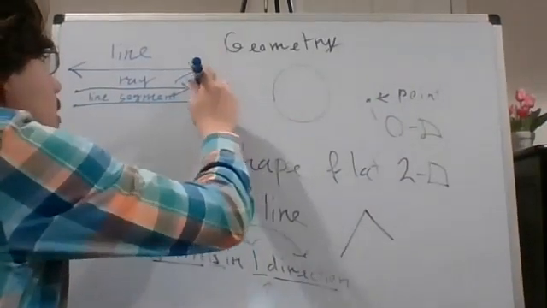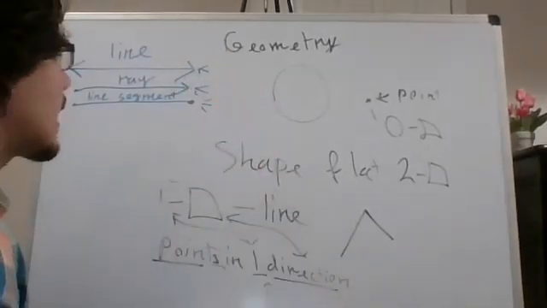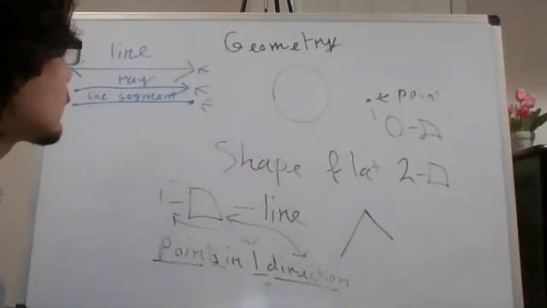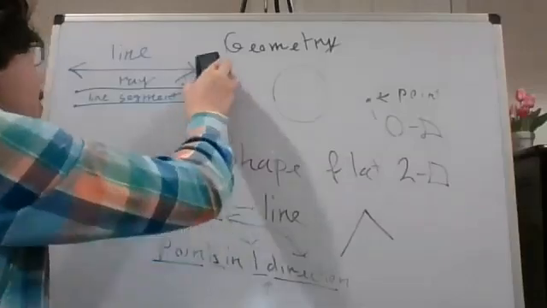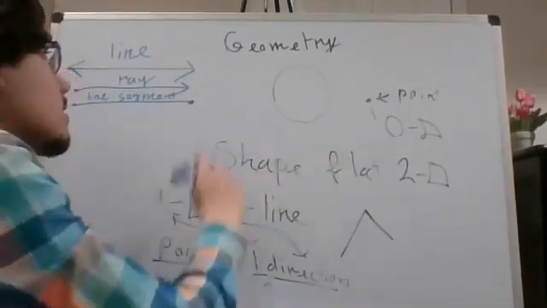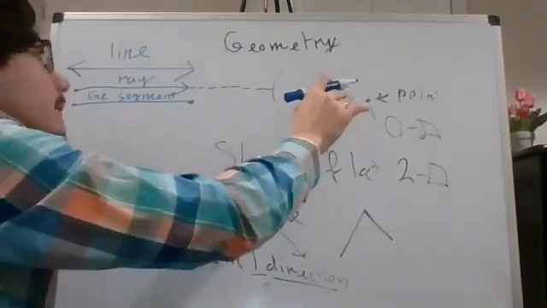You can see these arrows and these dots. And as Ms. Anusha correctly pointed out, these also describe directions. It is implied when you have an arrow that the line points in that direction infinitely.